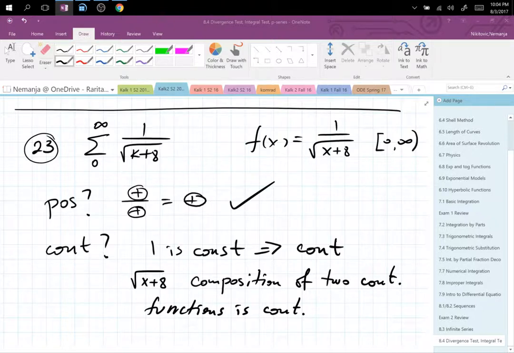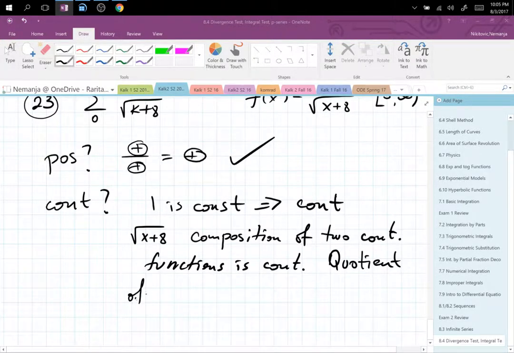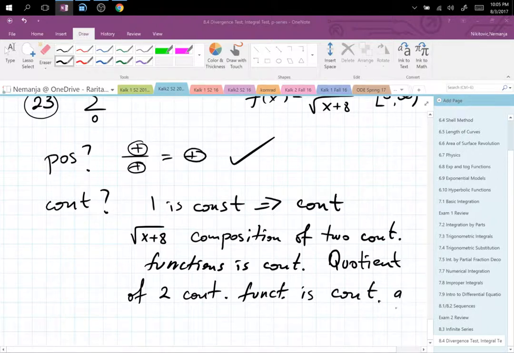So we have now division of 2 continuous functions. Denominator cannot be 0. So division or quotient of 2 continuous functions is continuous given denominator is different than 0, but our denominator is at least root 8, right?